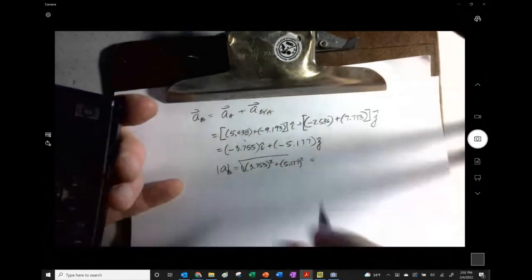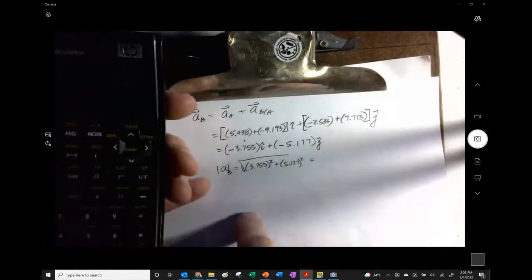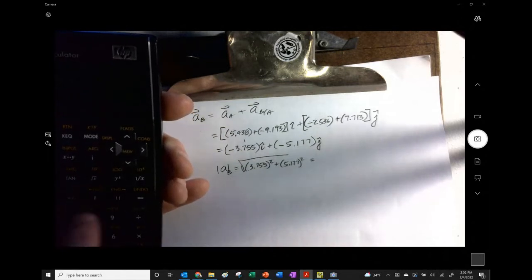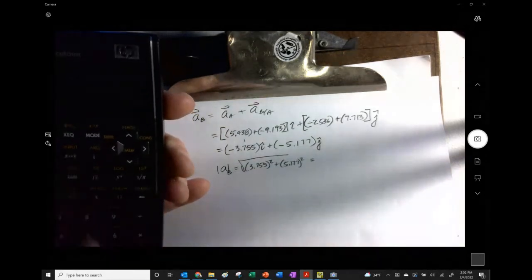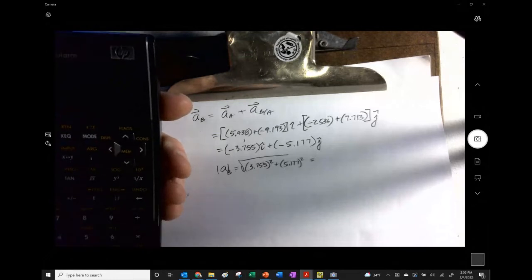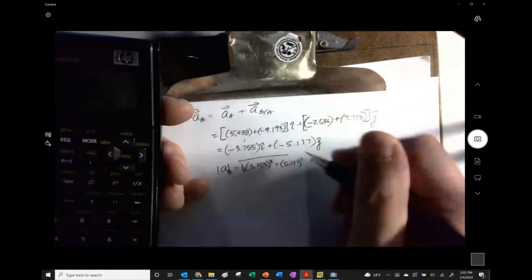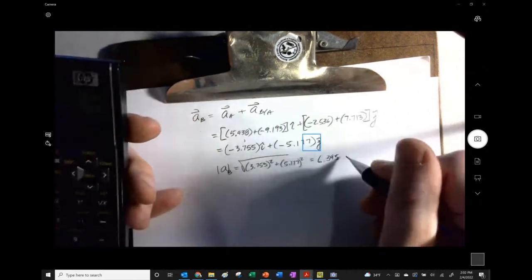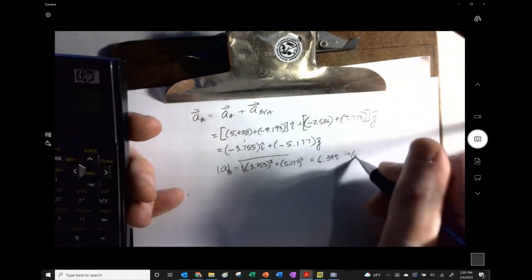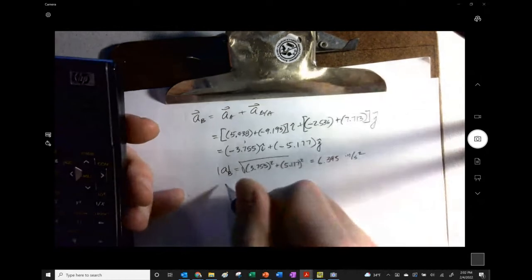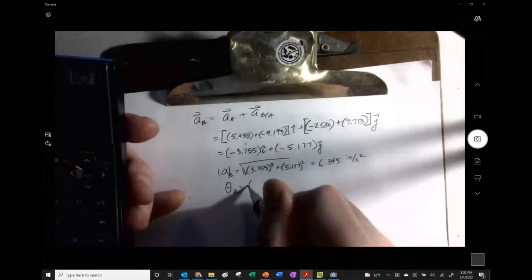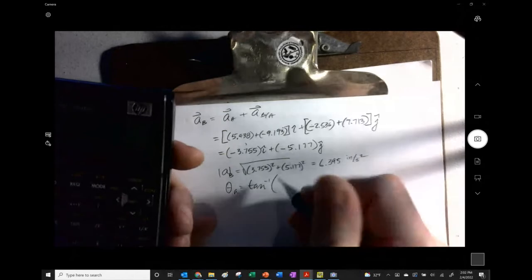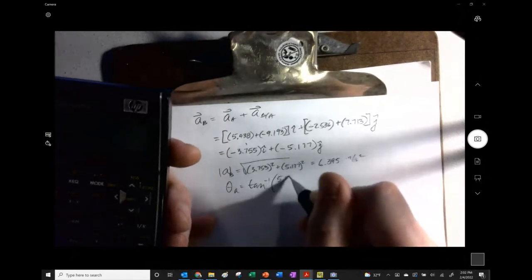I bet your TI 89, 84, whatever they are, I bet they do that, right? Students seem to like that calculator. I don't know. I'm hopelessly addicted to this calculator, but they don't make the one I like anymore.